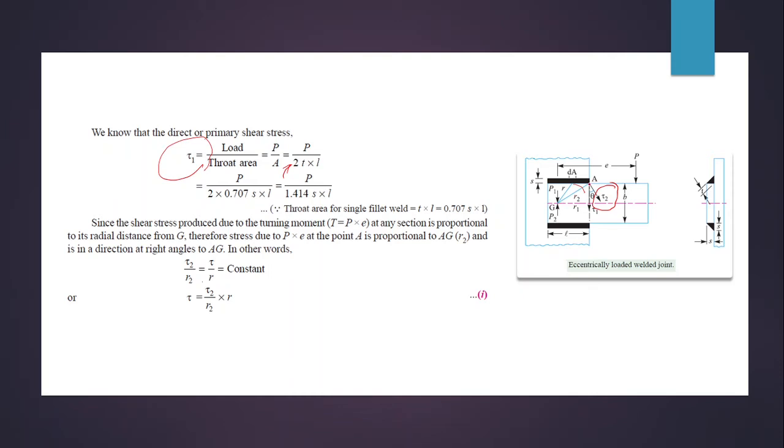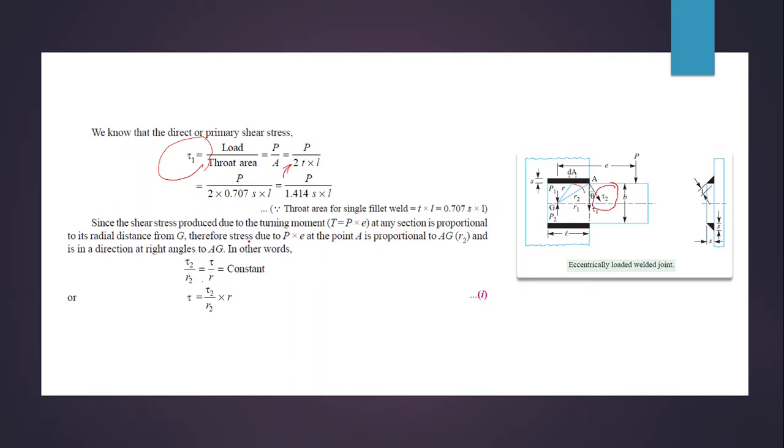If that secondary shear stress is acting at this particular point, then tau 2 is directly proportional to this radial distance R2. That is the assumption, that is the condition.